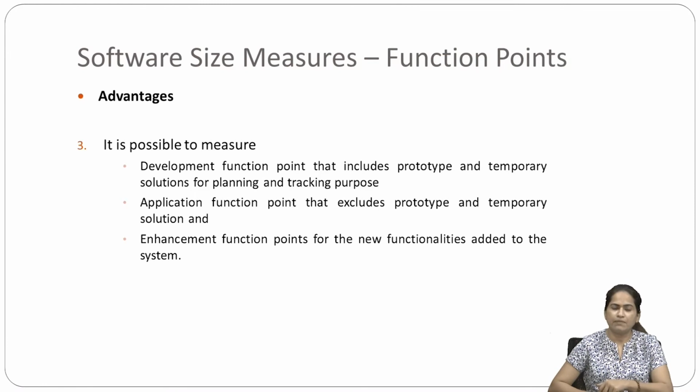Whatever development function point includes, these things are excluded from this and the remaining things are included. And third is enhancement function point, which is for new functionalities added to the system. If any new functionalities are added, then we can have this enhancement function point.